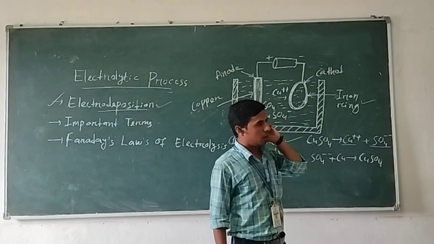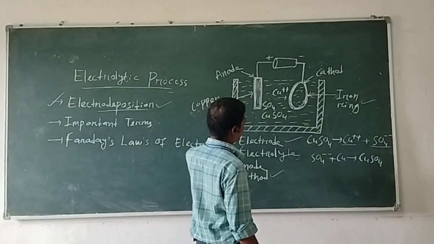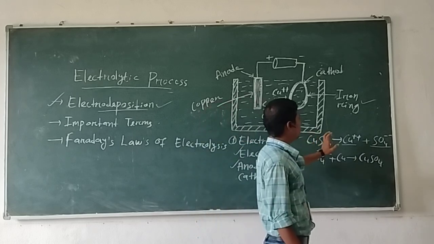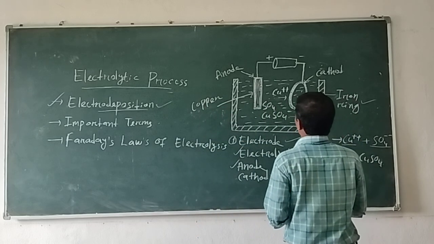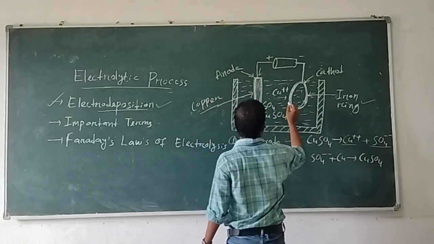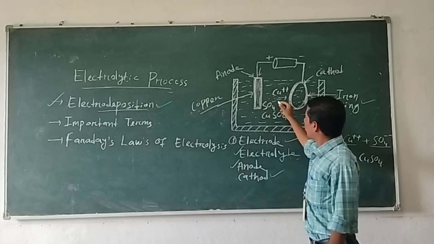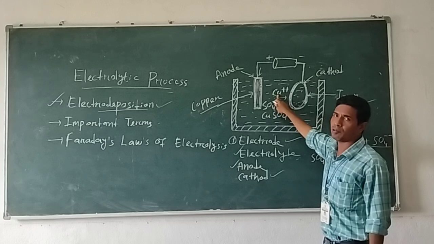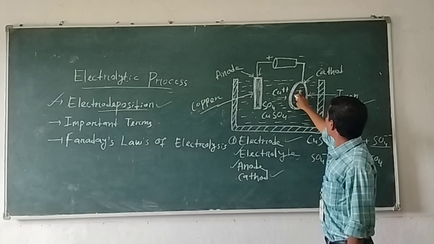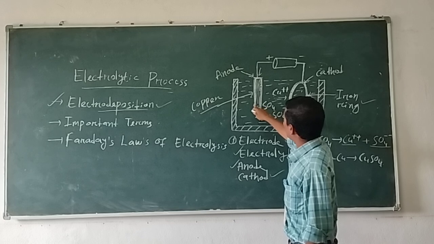The Cu2+ is the positive part and SO4 2- is the negative part. The positive ions will be attracted to the cathode, and the negative ions will be attracted to the positive copper anode.